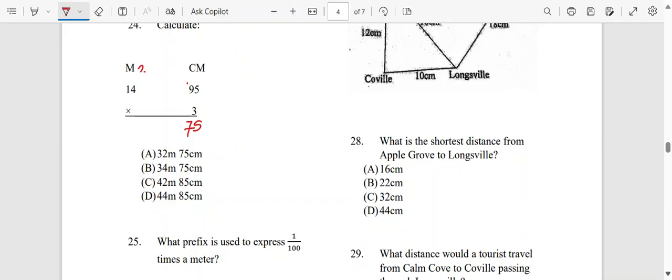Carry the 1, 3 and 1, 4. 44, 15, 3, 6, 3 nines are 18.